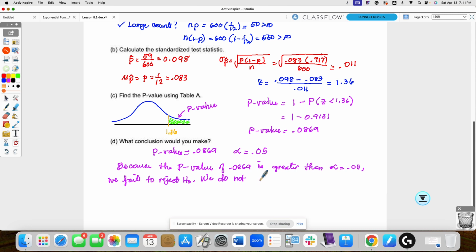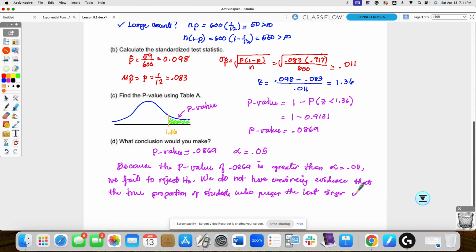So we do not have convincing evidence. Ha in context is that the true proportion of students who prefer the last singer is more than 1/12.